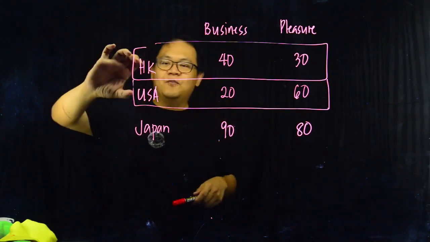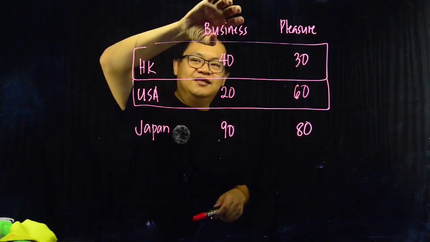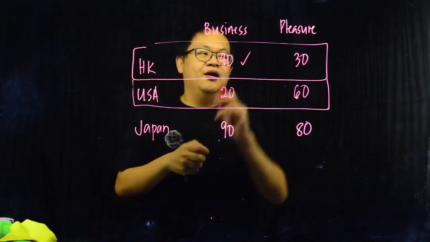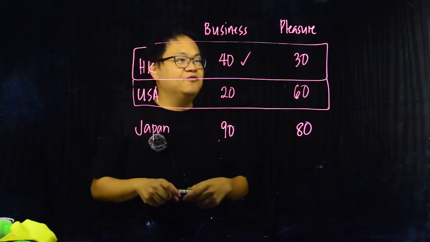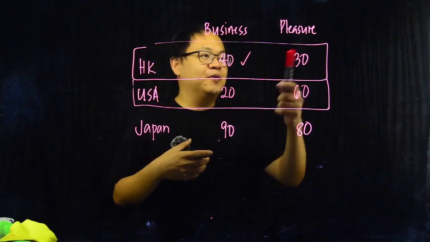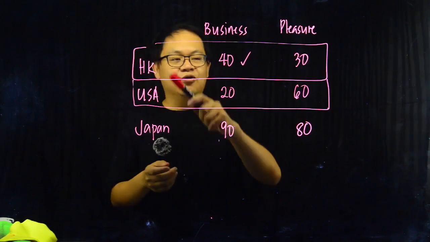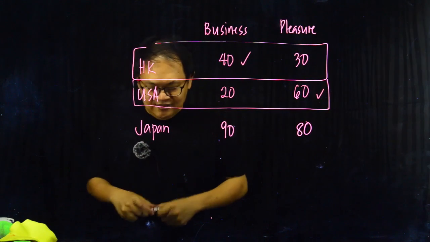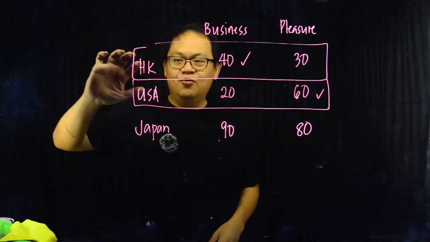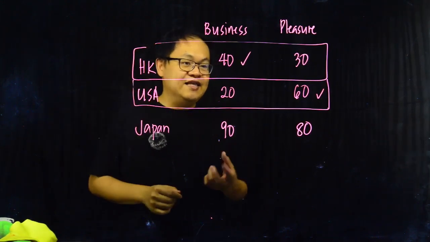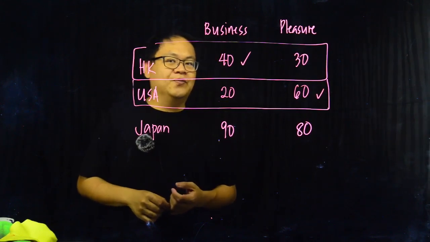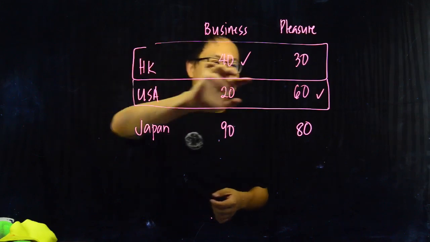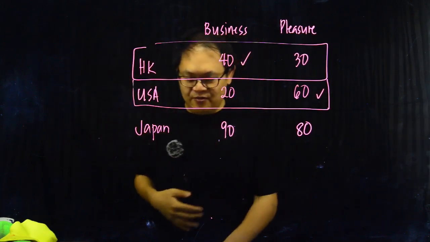Okay? Now, if you compare Hong Kong and US in terms of business, Hong Kong is better. Okay? On the other hand, if you look at your trip in terms of pleasure between Hong Kong and US, US is better. And this is a scenario where there is no option that is a clear winner. Okay? So between Hong Kong and US, Hong Kong is better for business, US is better for pleasure. And therefore, there's no clear winner.